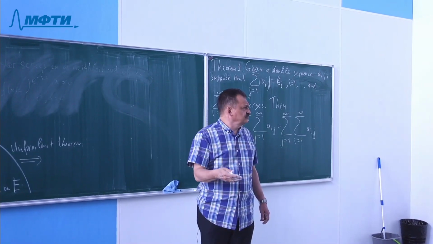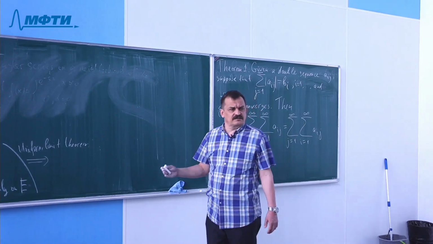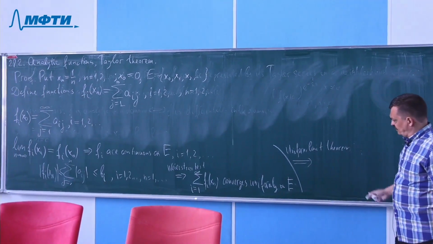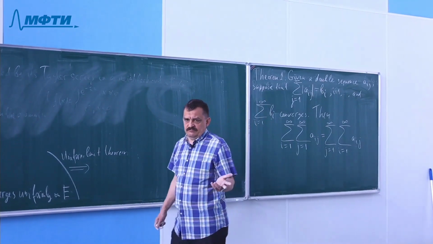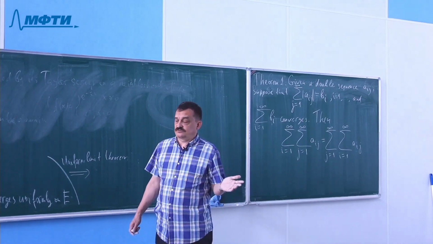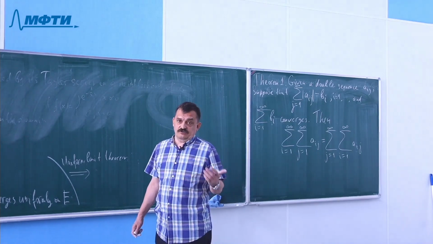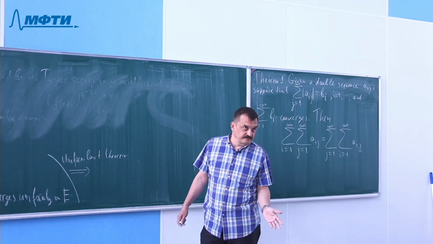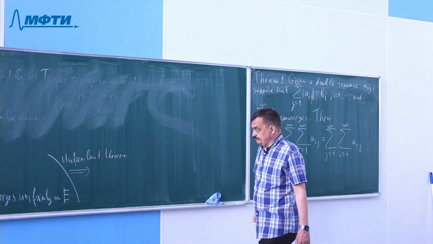In the program I gave this title for that theorem: uniform convergence and continuity. It is a theorem which says that if we have a sequence or series of continuous functions and this sequence or series converges uniformly, then the limit is also continuous. Let me call it the uniform limit theorem.